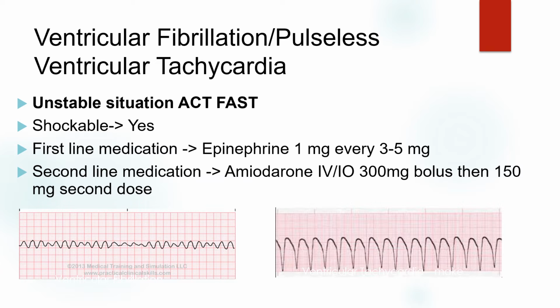This is part of our ACLS algorithm for cardiac arrest. So follow through that. It's an unstable situation. We need to act fast. It is definitely shockable. We want to defib the VFib. Okay, I don't have a fun rhyme for pulseless VTach, but that's the other one we have to remember.